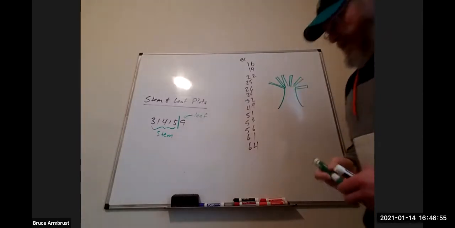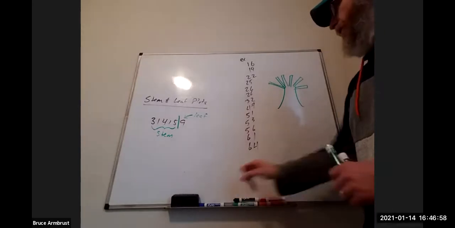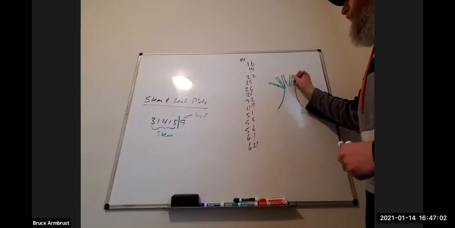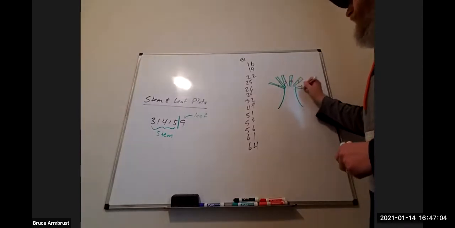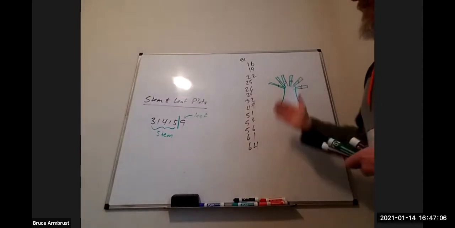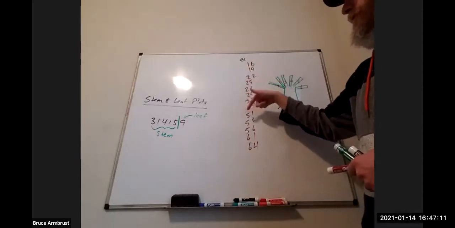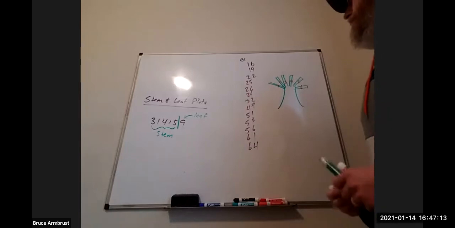Now these stems say 1, 2, 3, 4, 5, and 6, because if you look at the fronts of these numbers, they are 1, 2, 3, 4, 5, and 6.